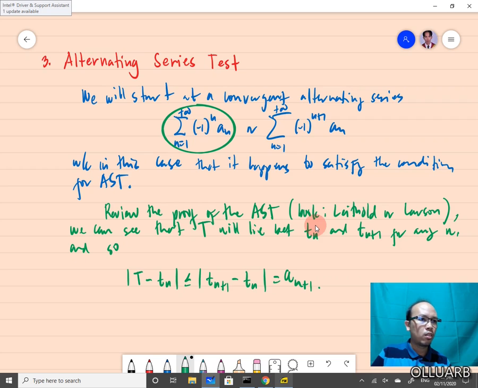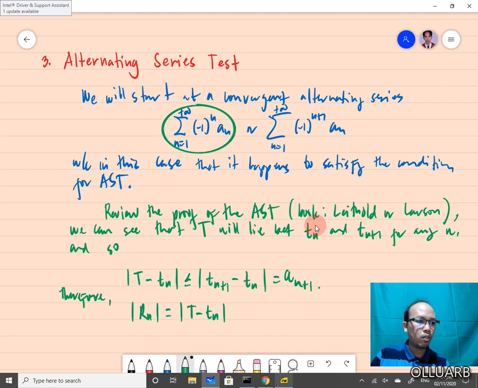Okay, so therefore we have this inequality. We know that this is r sub n, which is equal to t minus t sub n.